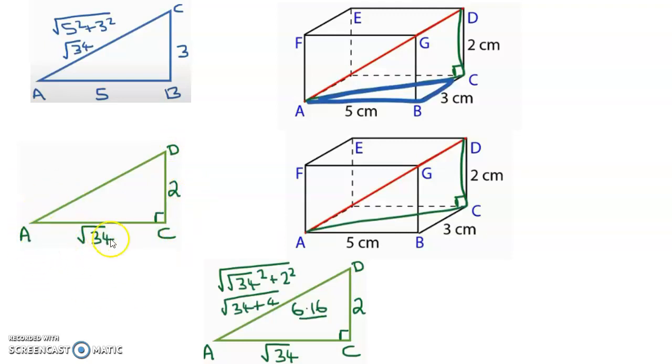So AD square is equal to 38. Then the root of AD square will be plus or minus the root of 38. We take the positive value, so the root of 38 is equal to 6.16. By that way we have found the AD that is here, okay?